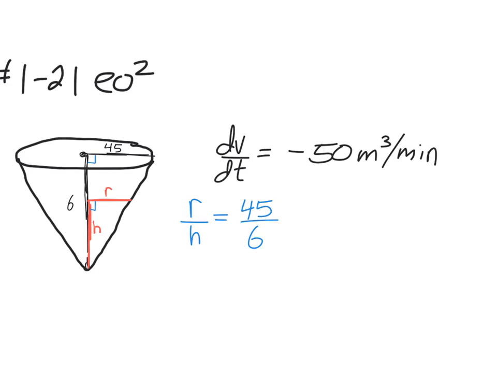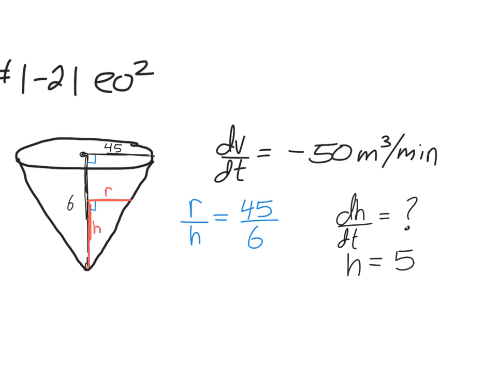So they're asking us for dh/dt when the water is 5 meters deep, when the height is equal to 5. So this is the information, really. I have this, I want that, I have that. They're not asking me about dr/dt, nor are they telling me about dr/dt.